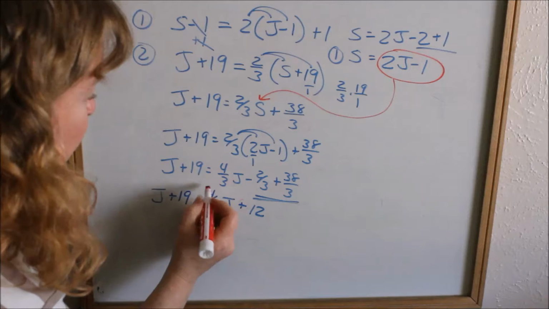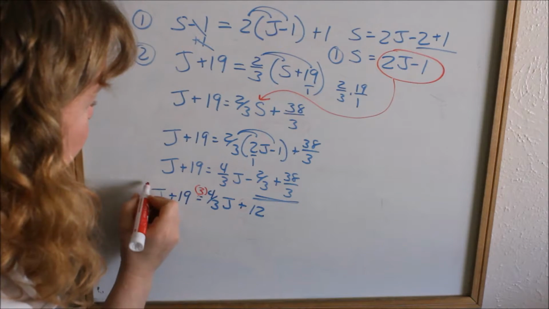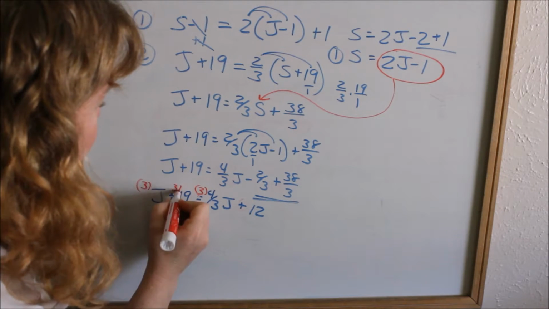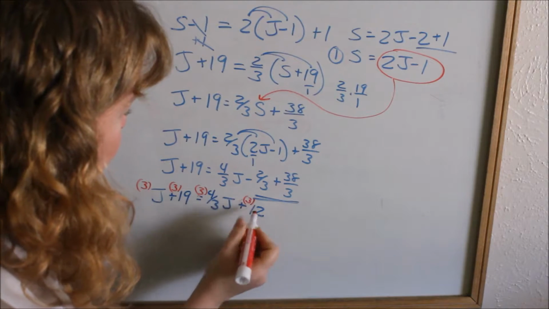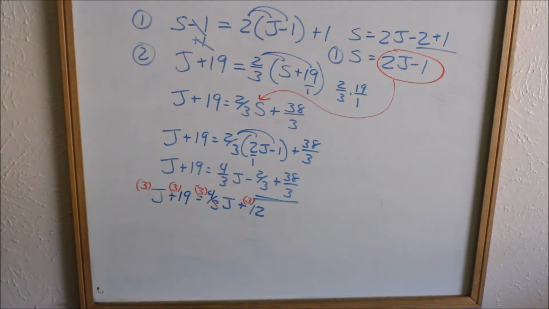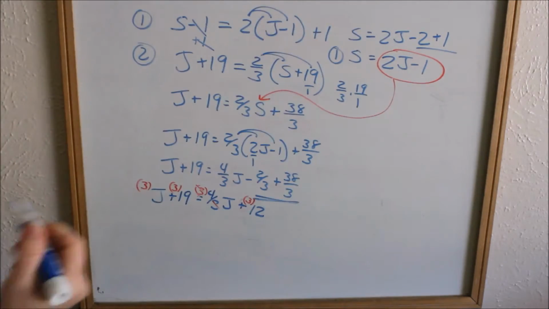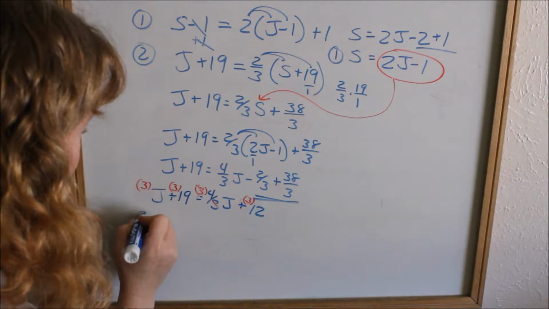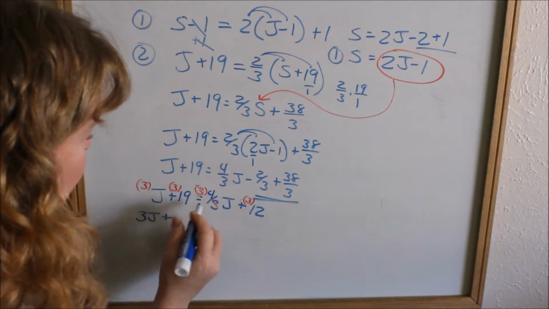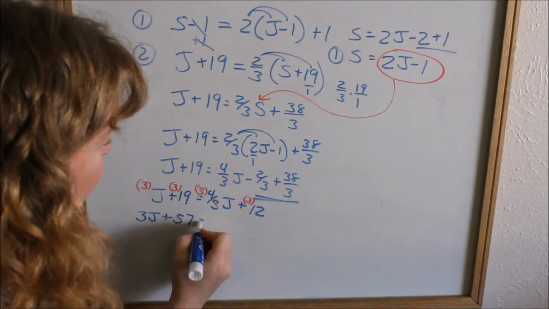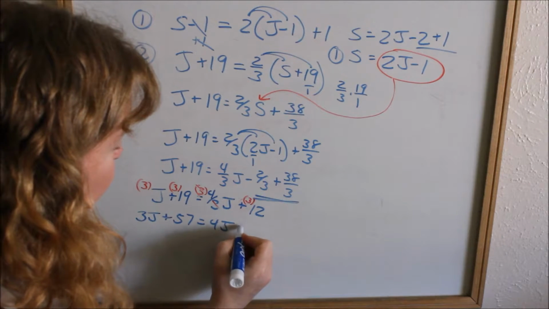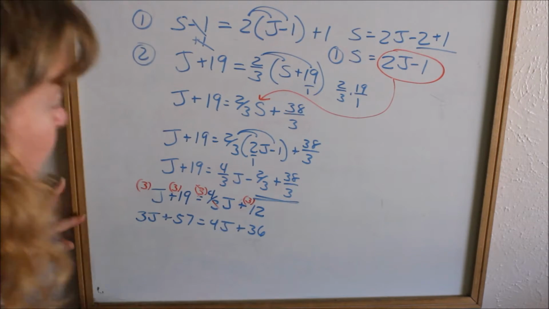So if I multiply that by 3, it will get rid of my fractions, but I need to multiply everything by 3. Those are going to cancel. So then I will have 3J, 3 times 19 is 57, equals 4J plus 36.